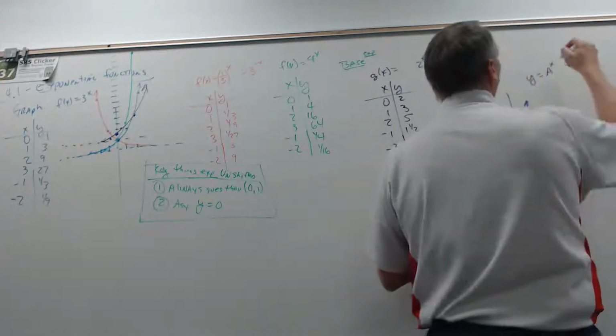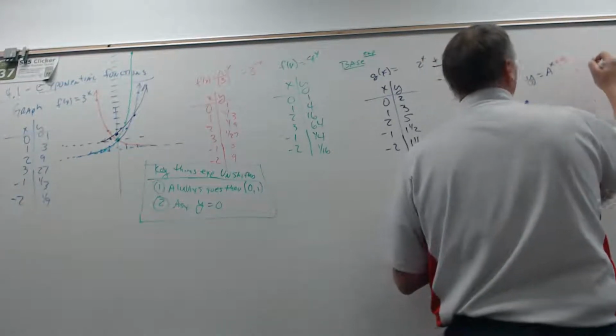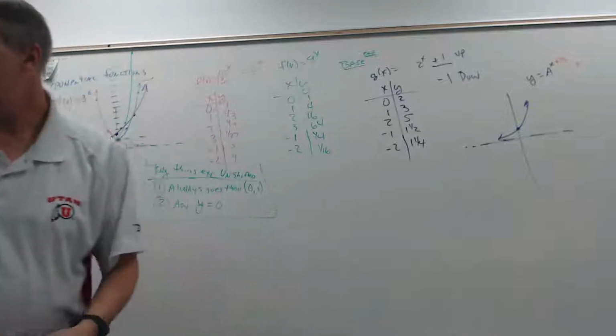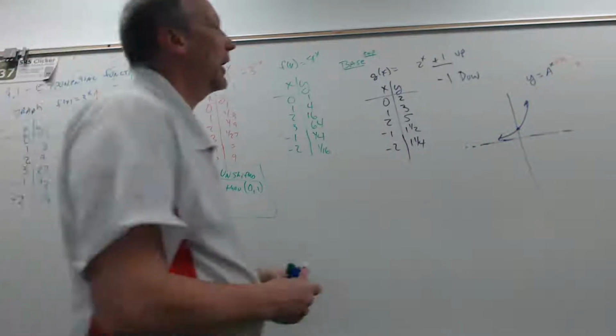Now if I add a plus b, would you shift it left or right based off your b? Yes, the positive b is going to go left, whatever b is. They don't give you a nice summary here, so I can use whatever letters I want: x plus b, plus c.